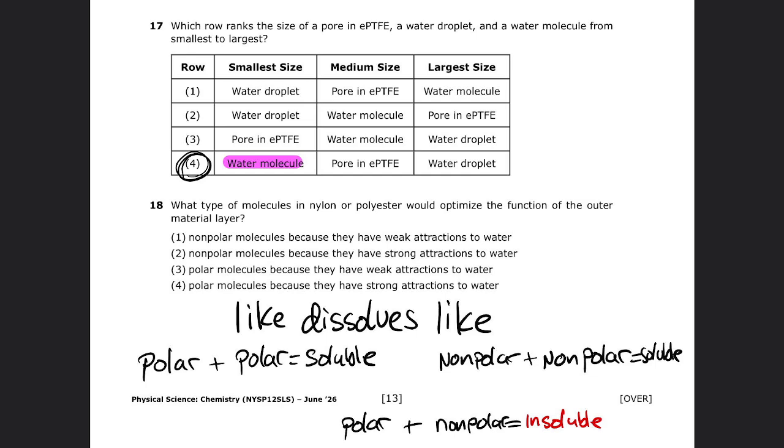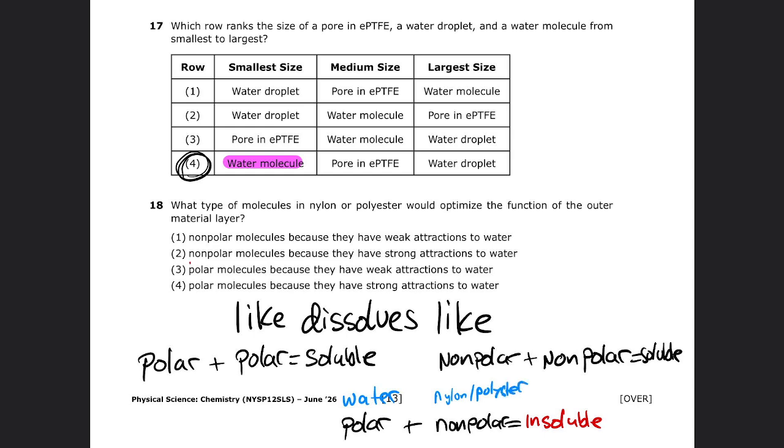One of those core facts of chemistry that you must know is that water is polar. So if we're going to get this insoluble relationship, that must mean that the nylon or polyester, or at least those particles on nylon or polyester, must be nonpolar.